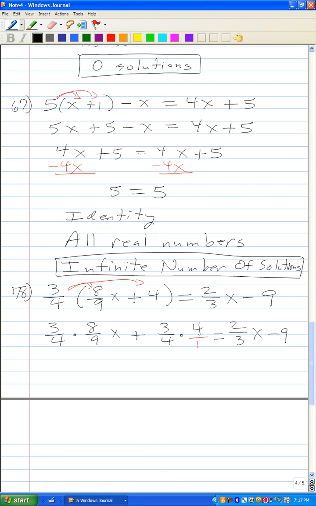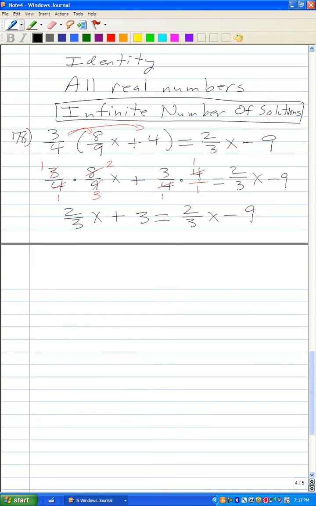Okay, so let me simplify this. 8 divided by 4 is 2. 9 divided by 3 is 3. So I have 2/3 x plus the 4's cancel. 3 is equal to 2/3 x minus 9.